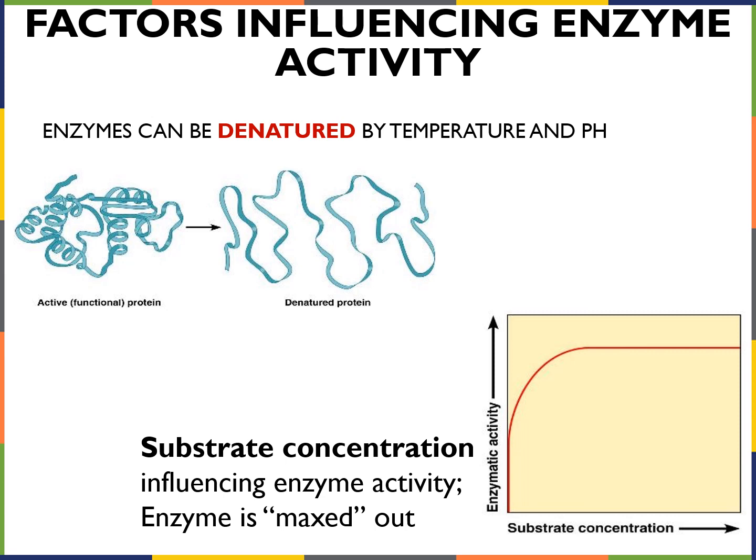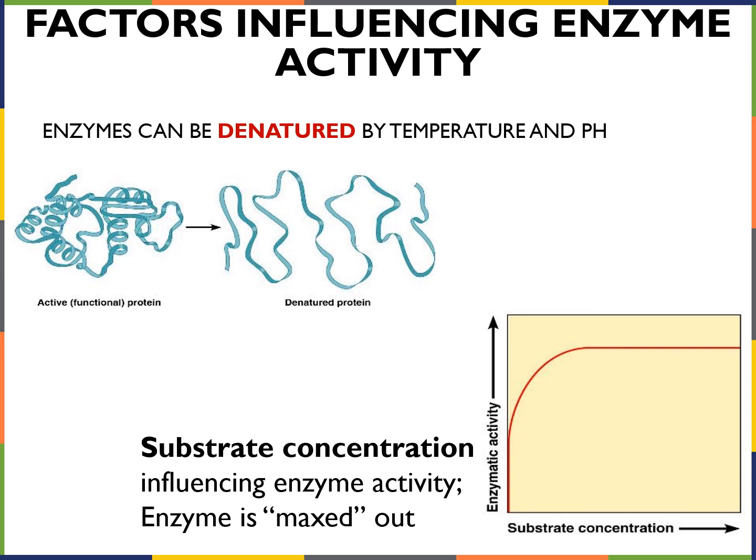So that means the chemical reaction will only occur until all 10 of those active binding sites on the enzyme molecules are full. Once all of those 10 molecules of enzyme are taken up, there's no more enzyme to do work. And so the red line plateaus. That is what is meant by the enzyme being maxed out.